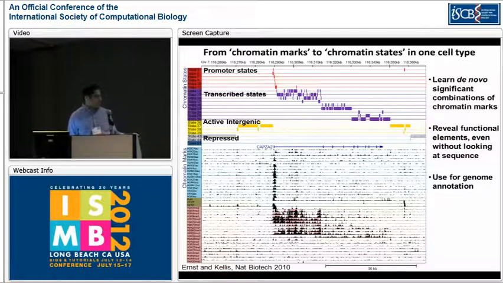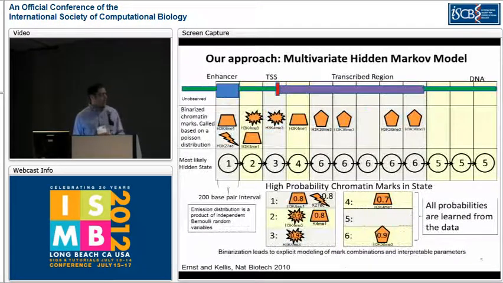And what we were interested in doing was taking multiple histone modifications and giving an annotation to the genome based on this type of data. And we were interested in learning in an unsupervised way based on the combinatorial patterns. This work we first applied to a single cell type. Our model was based on a multivariate hidden Markov model, where we assume that there are underlying unobserved genomic elements.